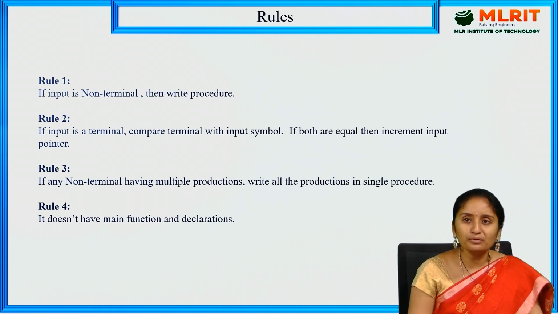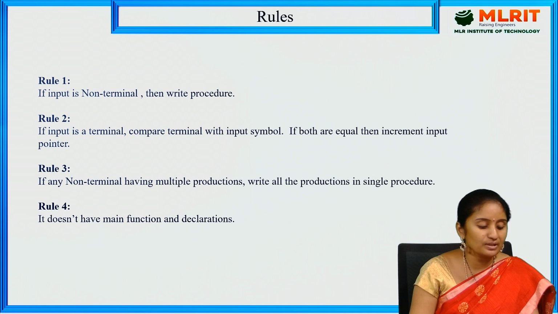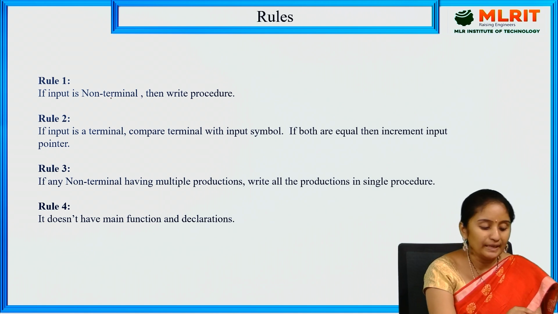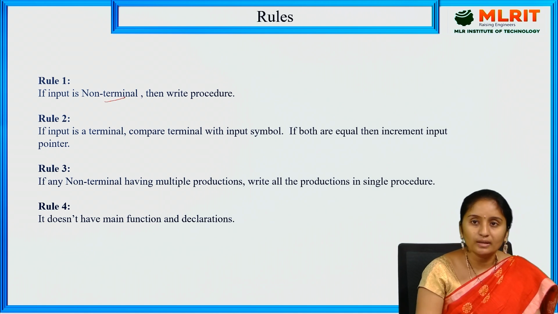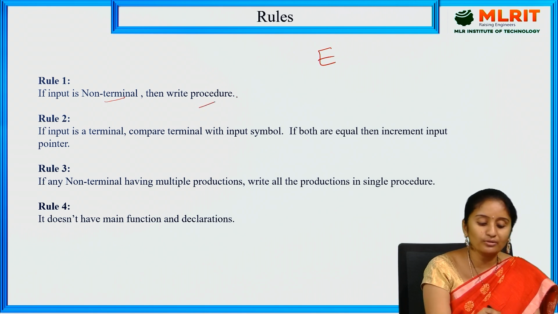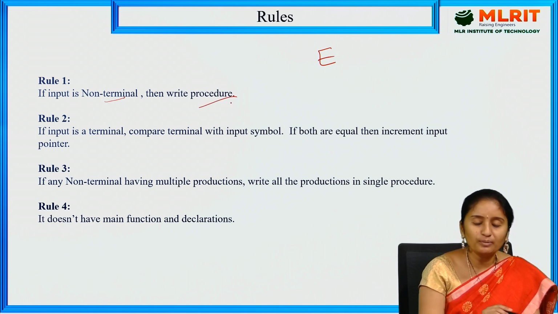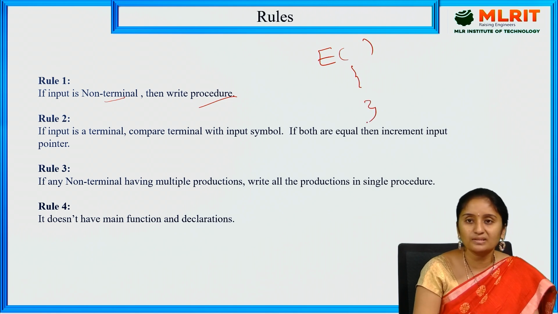So what are the rules used to construct the recursive descent parser? Rule 1: if the input is a non-terminal, then we write a procedure. Procedures are nothing but functions; in a recursive descent parser we call them procedures.